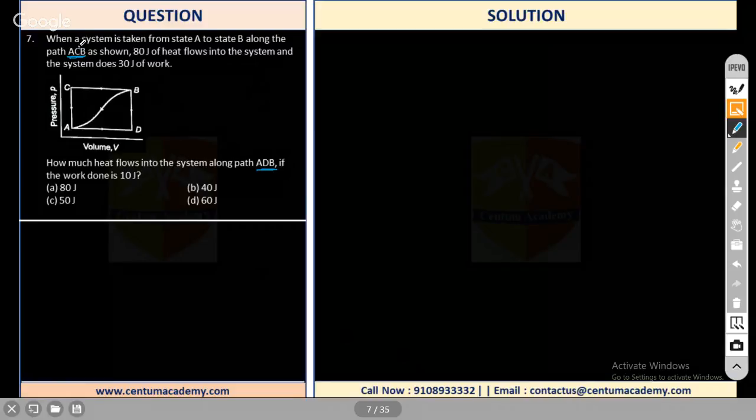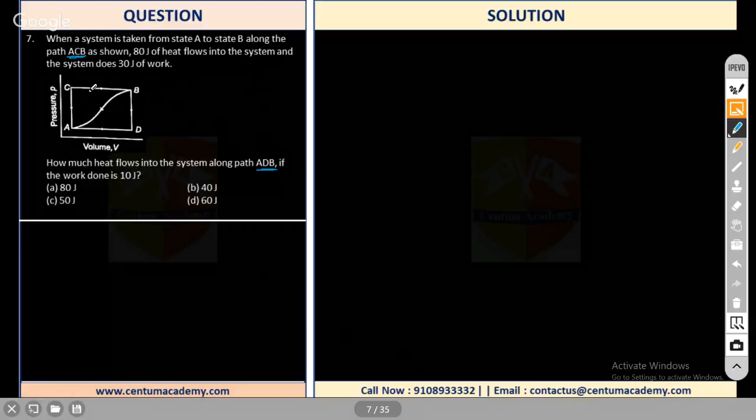What happens here? The initial state is at A and the final state is at B. Here also initial is at A and final is at B. So the initial and final positions for these two processes are not the same. So this is not a cyclic process. However, the graph is cyclic, right?